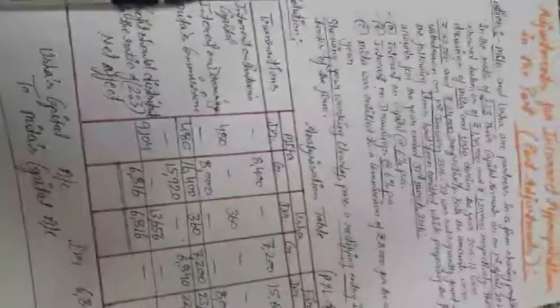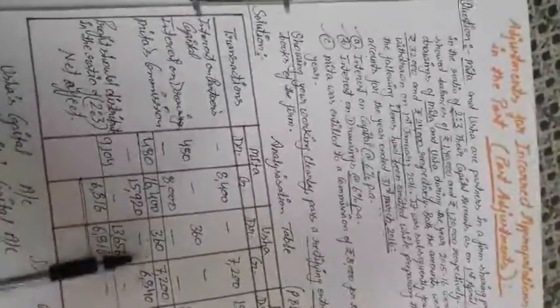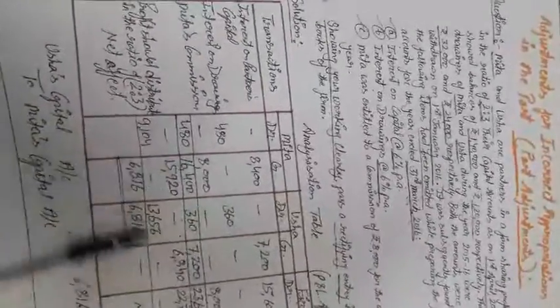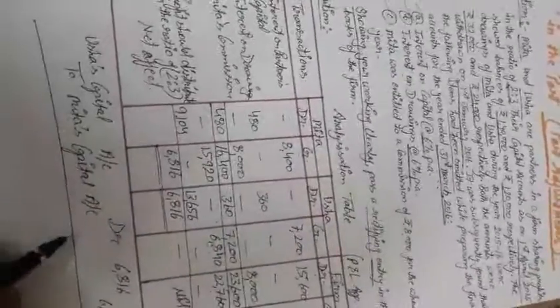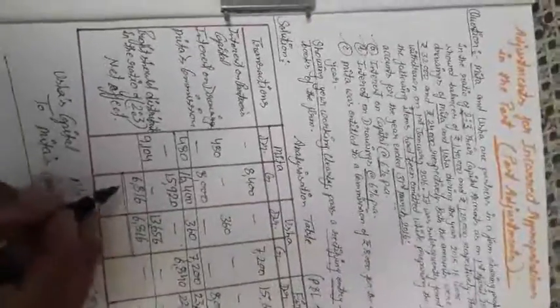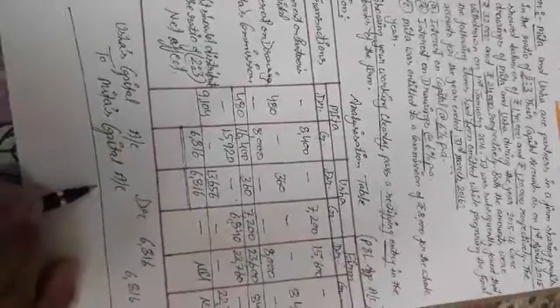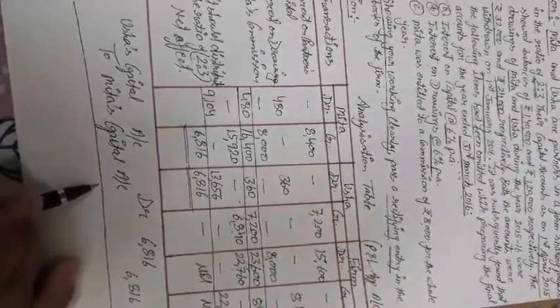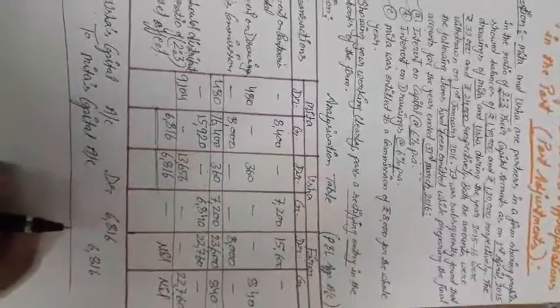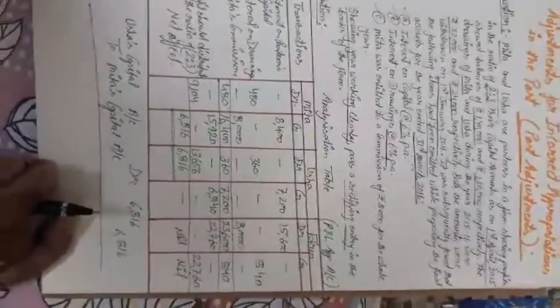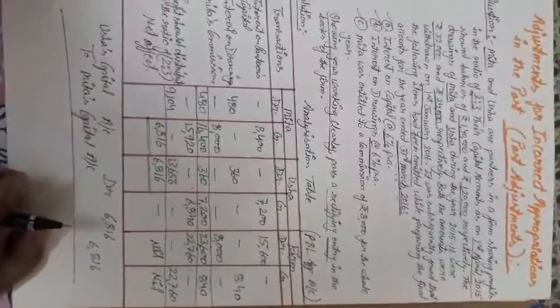We cannot say this is the solution. This is the working note only, what we have done to calculate this amount. But this is the main solution. So 4 marks you will get from this working note, and 2 marks for the journal entry. This type of weightage comes every year in the CBSE board examination. CBSE asks this type of problem every year.